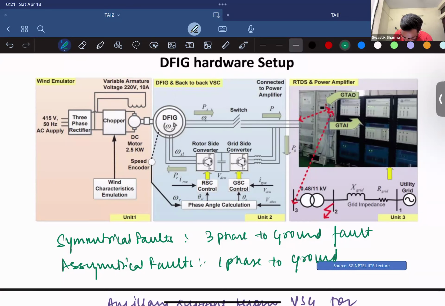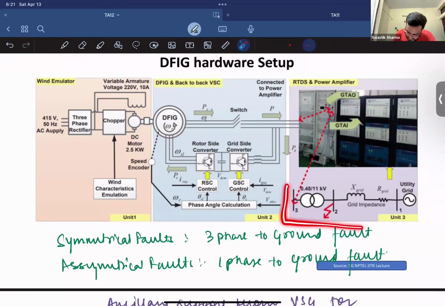Just writing an example. Based on that, what the instructor is simulating is that he has this setup. This is a single line diagram of the whole situation. There is this utility grid which is taking power from this power amplifier, and you have some grid impedance which can also be simulated in this power amplifier.